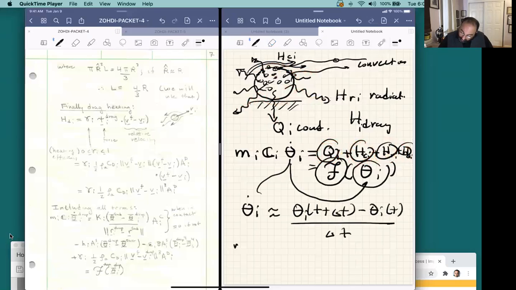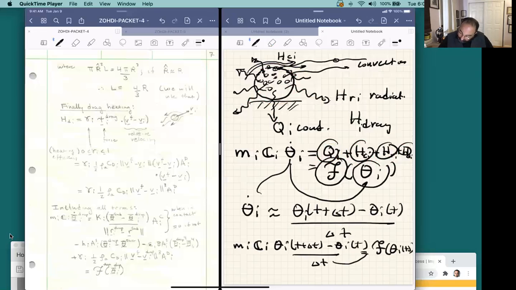So we stick that into the differential equation: m of I, c of I, theta of I of t plus delta t minus theta of I of t, divided by delta t, is equal to the function of theta as a function of t.